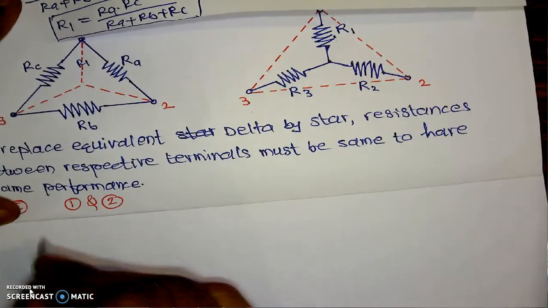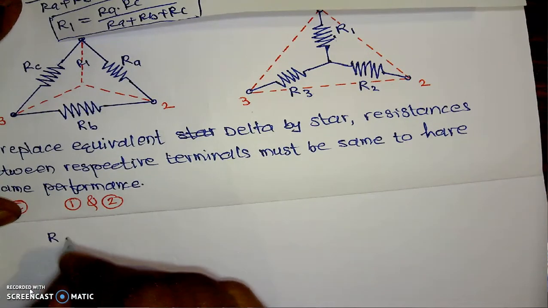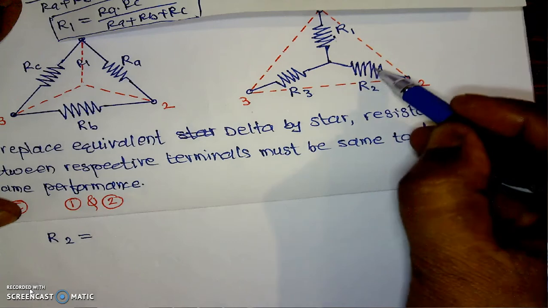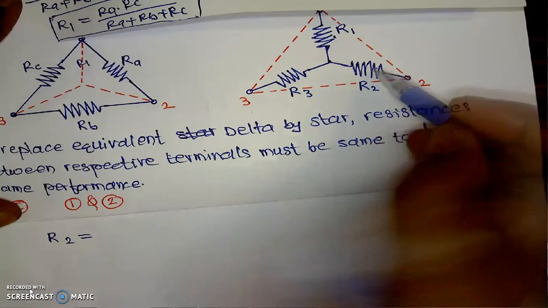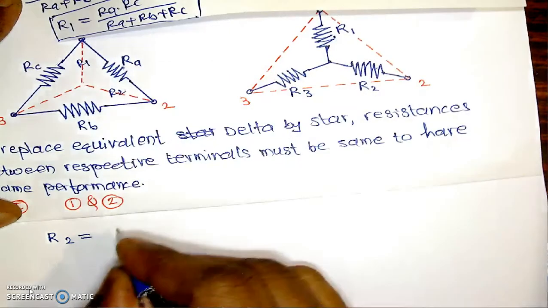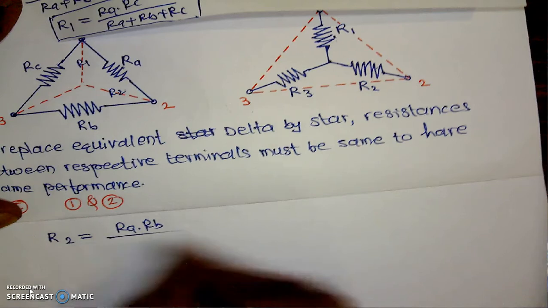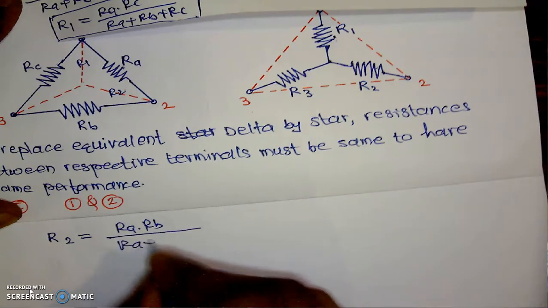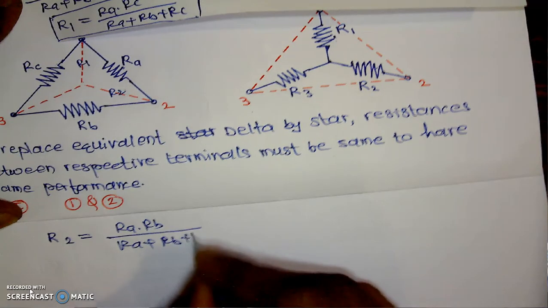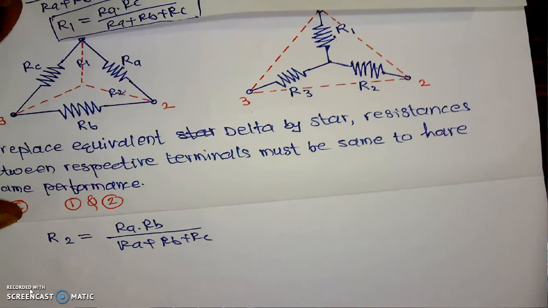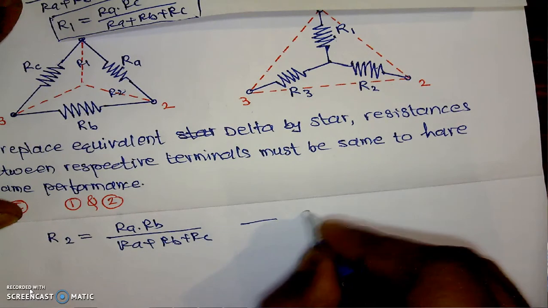Similarly, we can write this R2, which is connected between these two resistances. That's why its value will be RA into RB divided by the summation of all, that is RA plus RB plus RC. This is equation number 6.